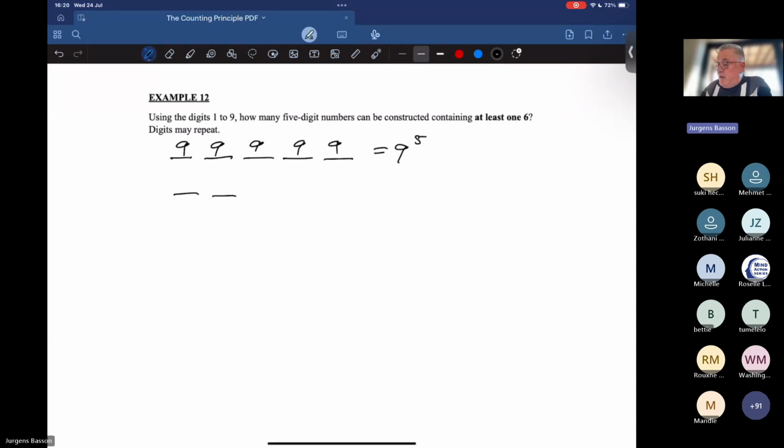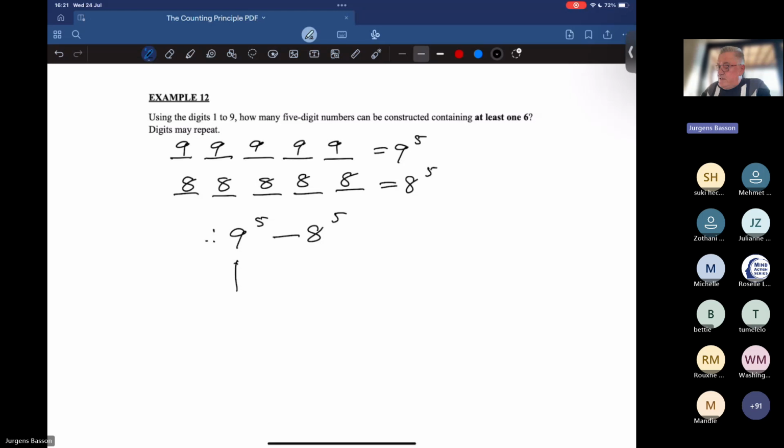Now I want to calculate no 6. So it means we've got only 8 digits, and they can repeat, 8, 8, 8, 8, and 8. And that gives us 8 to the 5. So now, how many ways can we do this question? Very easy, 9 to the 5 minus 8 to the 5.